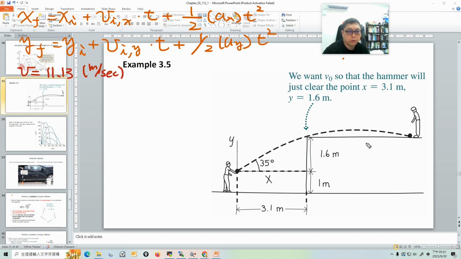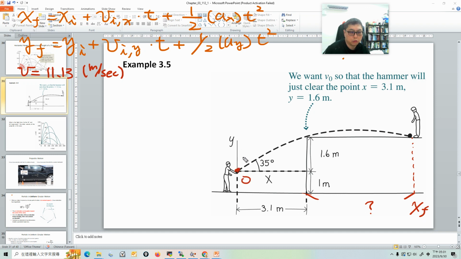The second problem is to calculate how far the object will reach. That means you want to know this distance. For this problem, once again, we just use the equations of motion. We want to find the final coordinate of the object, the x component, because we set the origin here.